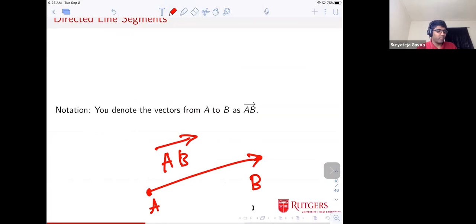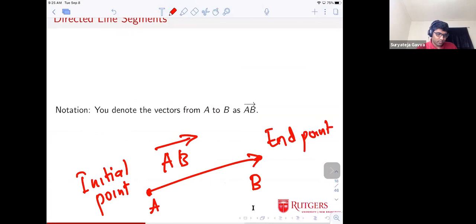A vector AB is denoted with A called the initial point, the starting point, and B called the ending point or tail. Okay. So you draw an arrow here. So it's not just a line segment. You draw an arrow to describe the direction of the vector. Okay.